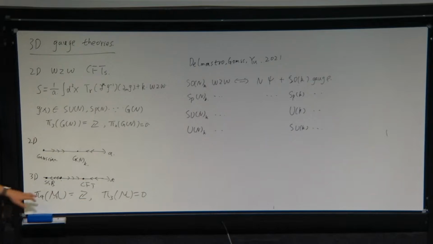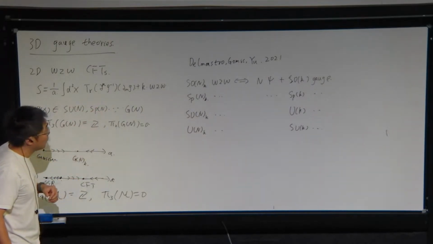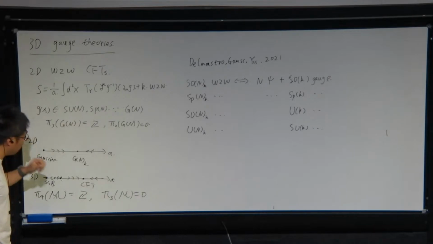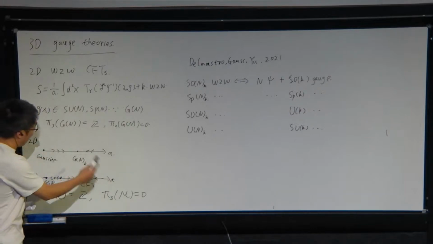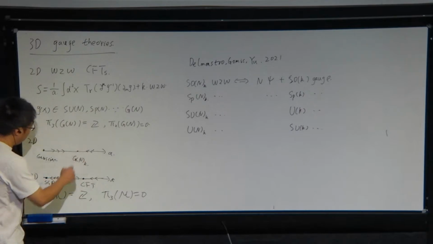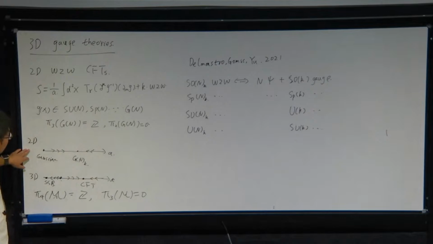Because those two CFTs should have the same anomaly. Once you have the Wess-Zumino-Witten term, in particular if the Wess-Zumino-Witten level is 1, it has a non-trivial anomaly, which has been understood for certain situations in the literature. It's pretty similar to the anomaly argument that I gave in the 2D case.